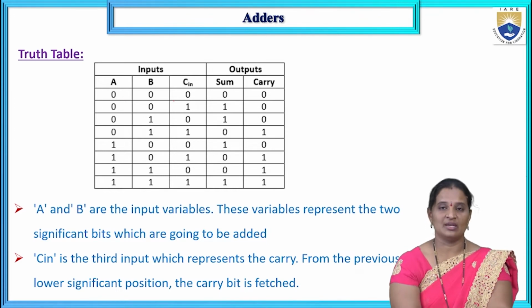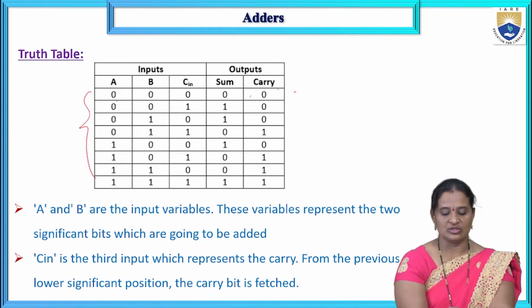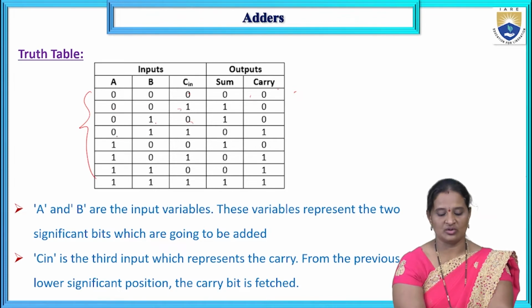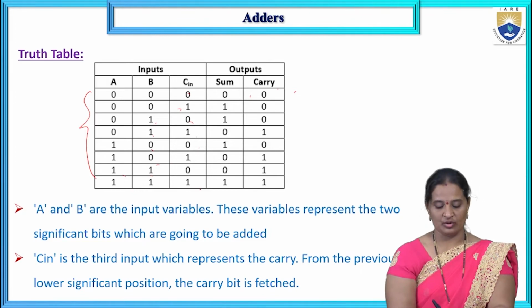A, B, Cin are the inputs and sum and carry are the outputs. The 8 possible input combinations are 000, 001, 010, 011, 100, 101, 110, 111.